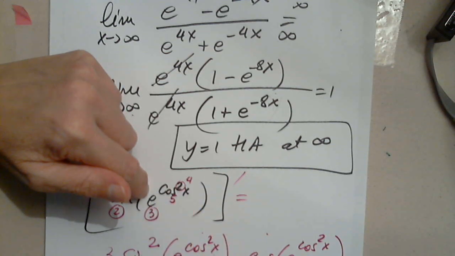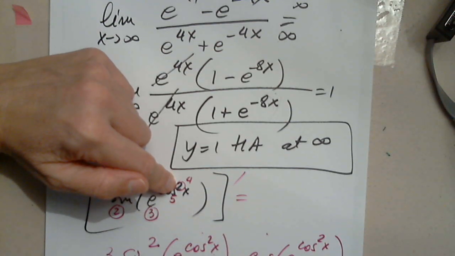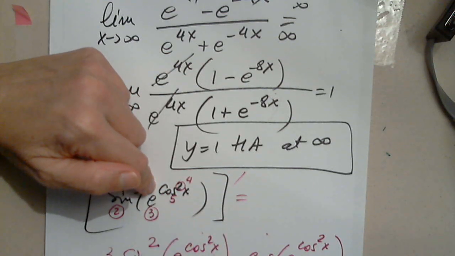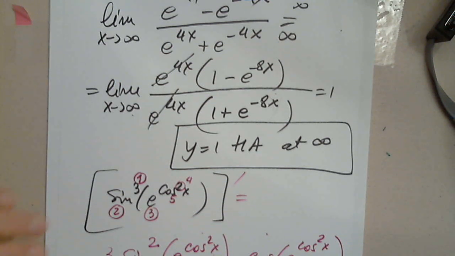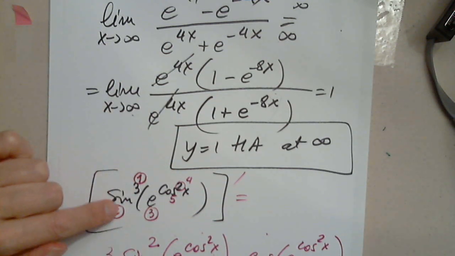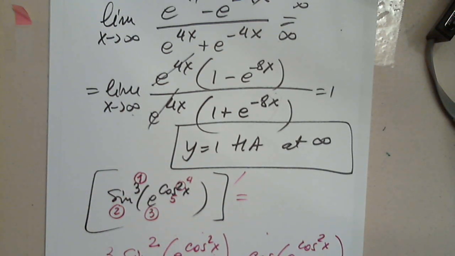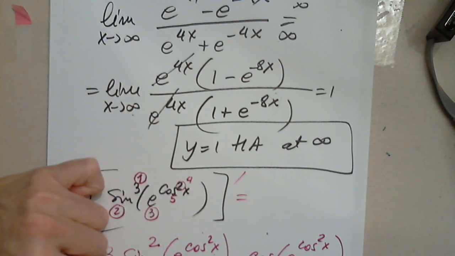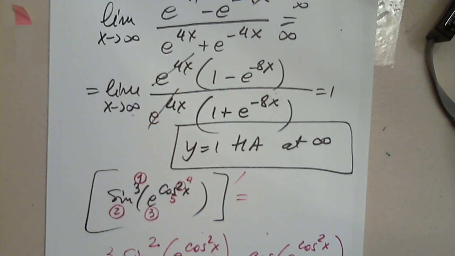Times the inner function prime, e to cosine squared x, times the power, 2 cosine x. Finally, times the inner function prime, negative sine x. Now I differentiate cosine squared, so I have 2 times cosine to 2 minus 1 times the inner function prime.